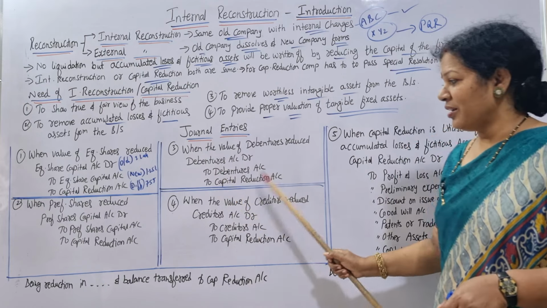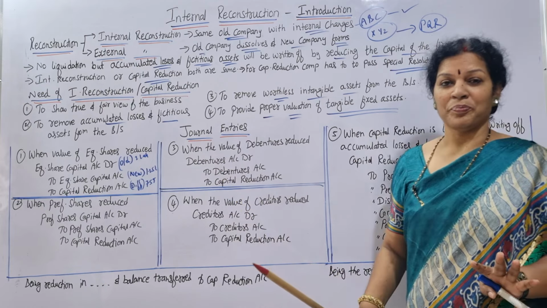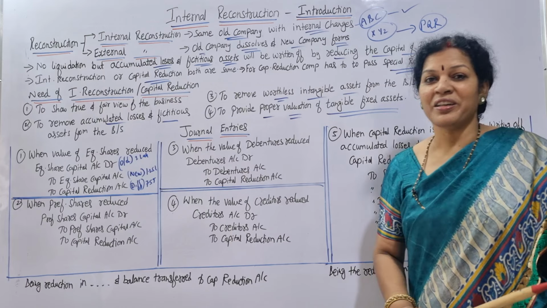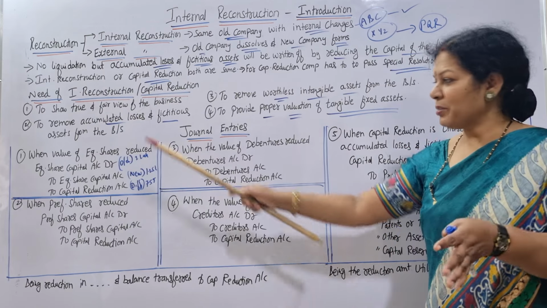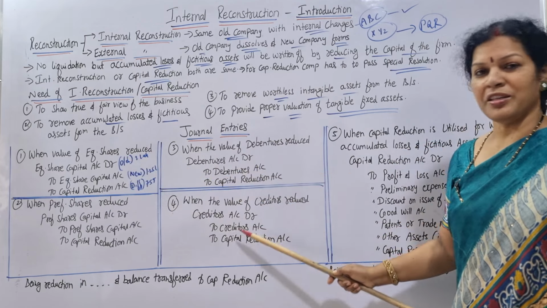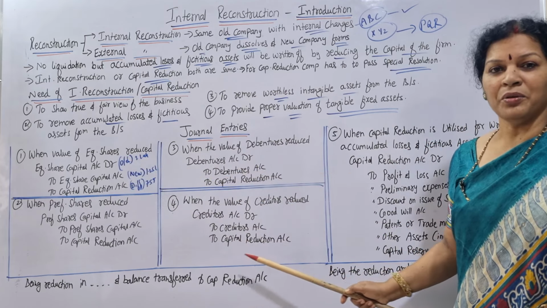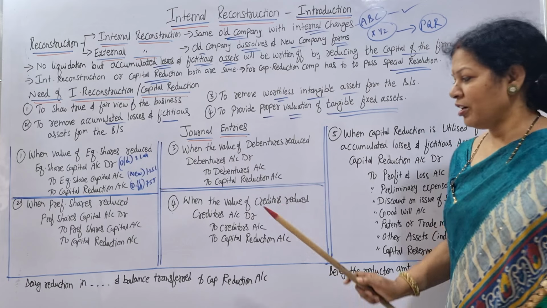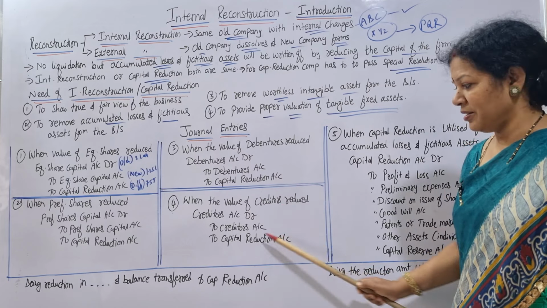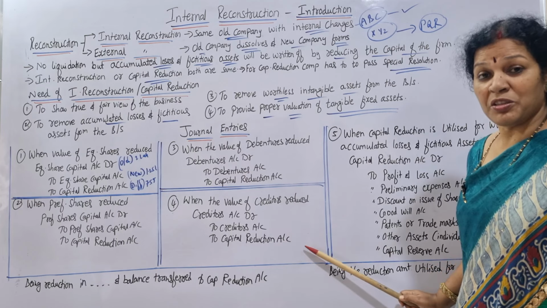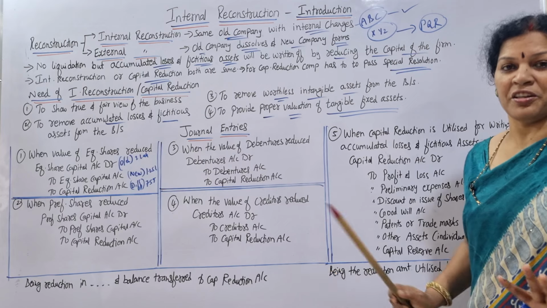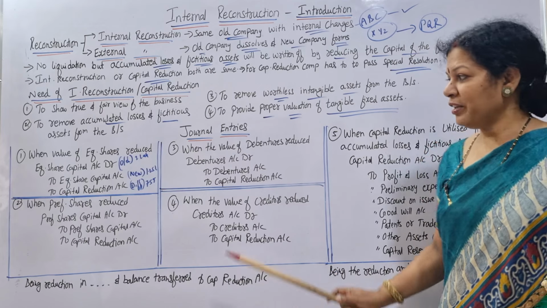And fourth one, when the value of creditors is reduced, same like this one. We'll replace equity shares with creditors. Creditors account debit, to capital reduction account. How much was the old creditors? That we will write. How much we are decreasing? That we will write. The difference between the debit and credit amount will be the capital reduction account. Am I clear? 4 entries.